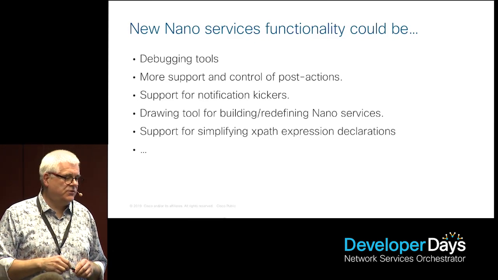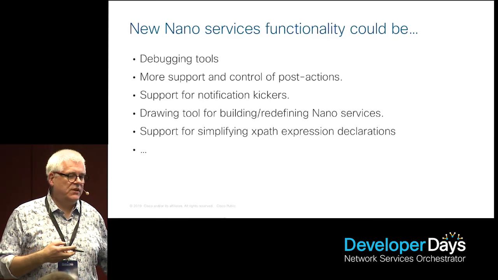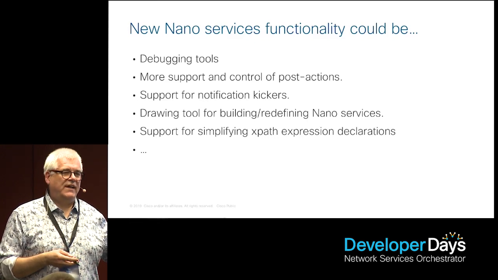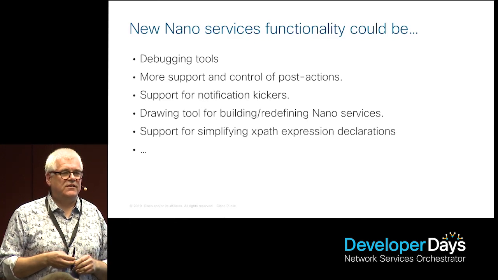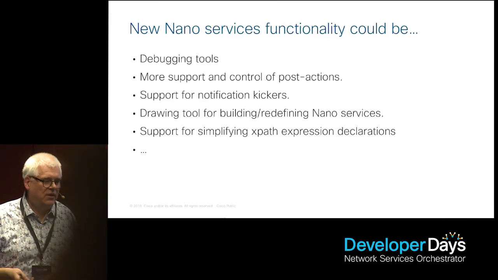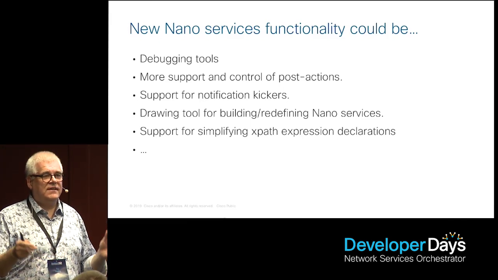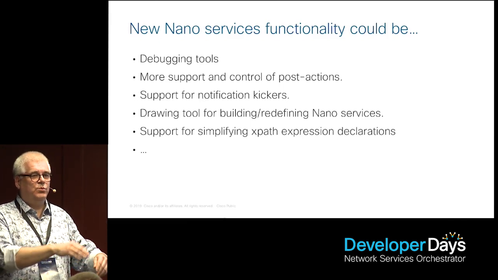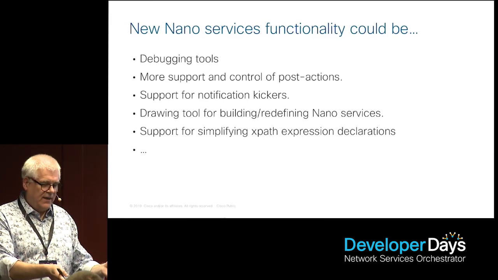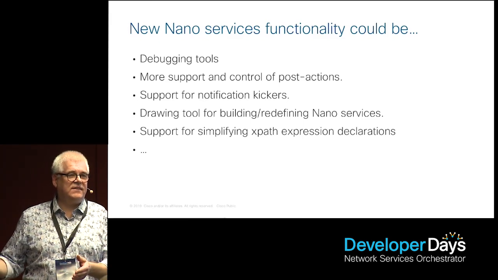Right. I have already seen that there's stuff you can do with Nano Services that isn't really the major reactive FASTMAP loop that you discussed, because we are very much into the cloud then and virtualized network functions and stuff like that. But take the case that you have a device and you would like to model your service this way: I don't want to care that I can't push all this config on the device at the same time.